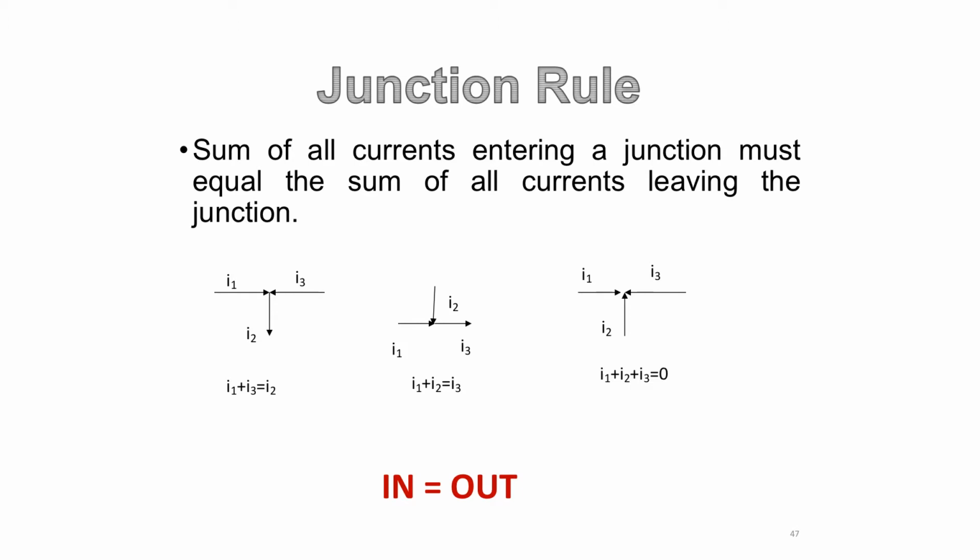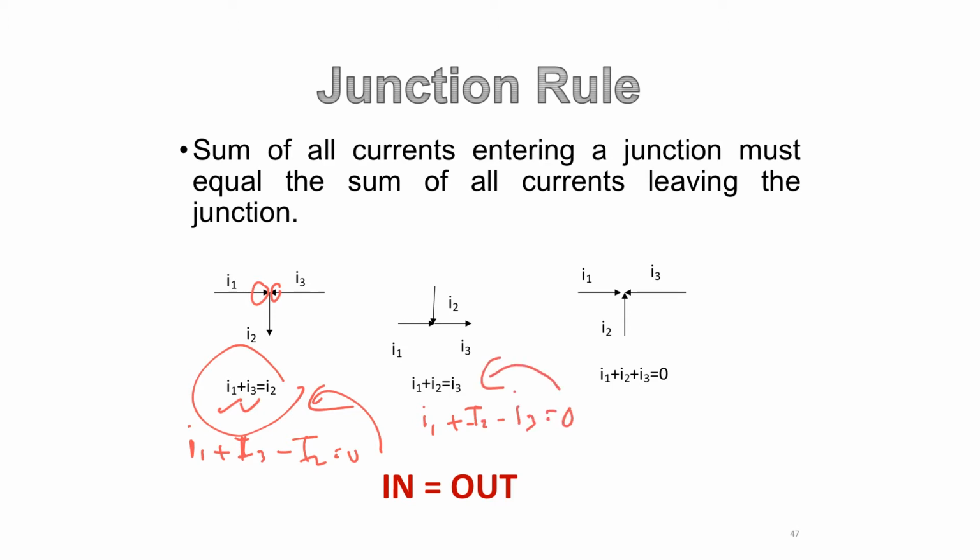Basically, I3 and I1 you are definitely going to get positive, and I2 should not be like this in the first place. It should be I1 plus I3 minus I2 equals 0. For this one, current coming into the node is positive and current leaving the node is negative, so the equation will be I1 plus I2 minus I3 equals 0.